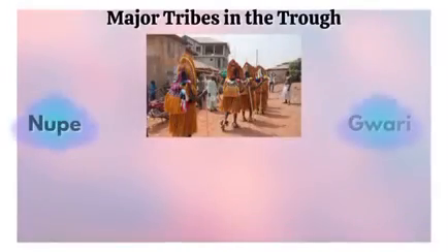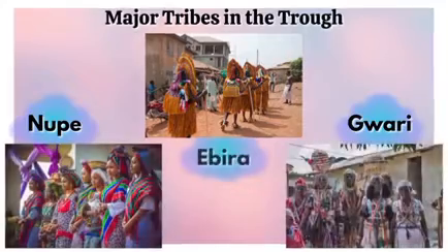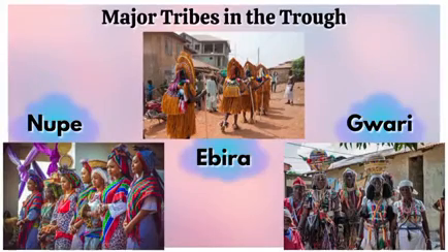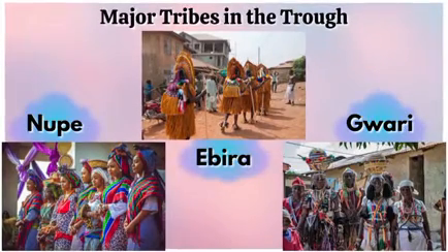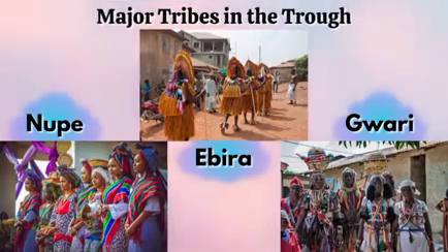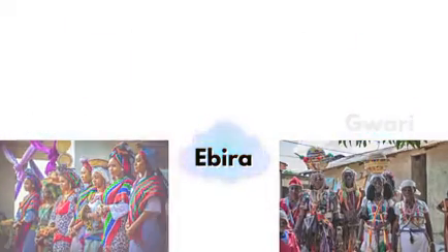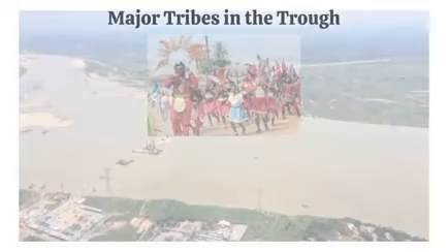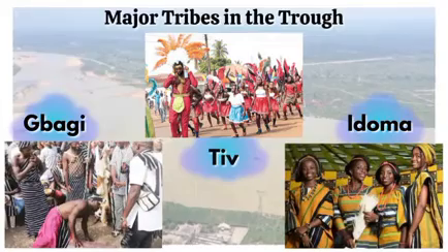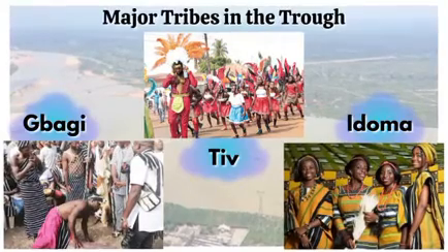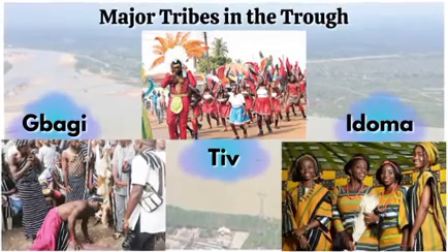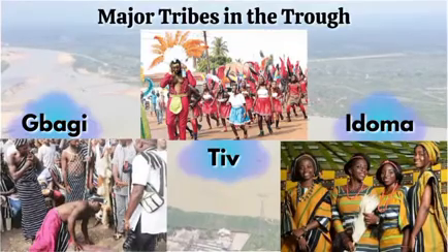The major tribes in this region include the Nupe, the Ebira, the Gwari, the Tiv, the Idoma, the Igala, the Bassa Nge, the Jukun, and also the Kambari, as well as other tribes. And here, the population density ranges from about 5 to 40 persons per square kilometer, as it spreads across a large expanse of land which ranges from Jeba and Lokoja to the end of Yola across the middle belt of Nigeria.